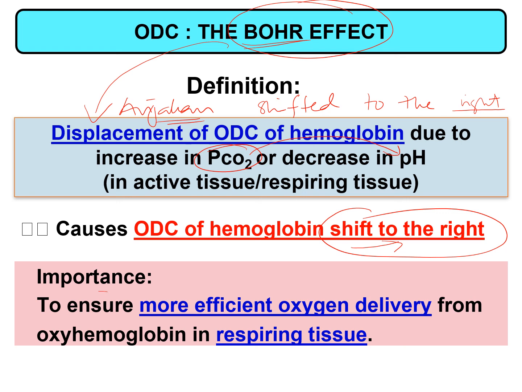So it is to ensure more efficient oxygen delivery from oxyhemoglobin in respiring tissues. The unloading. Remember just now I've already explained the unloading of oxygen. Oxyhemoglobin dissociate. What makes the oxyhemoglobin dissociate? Because the high partial pressure of carbon dioxide.